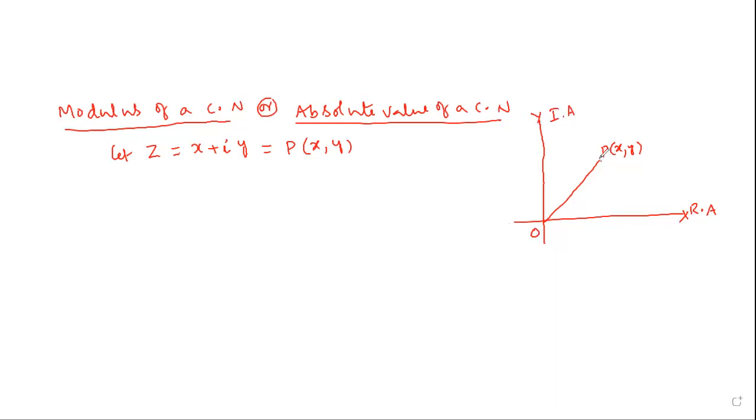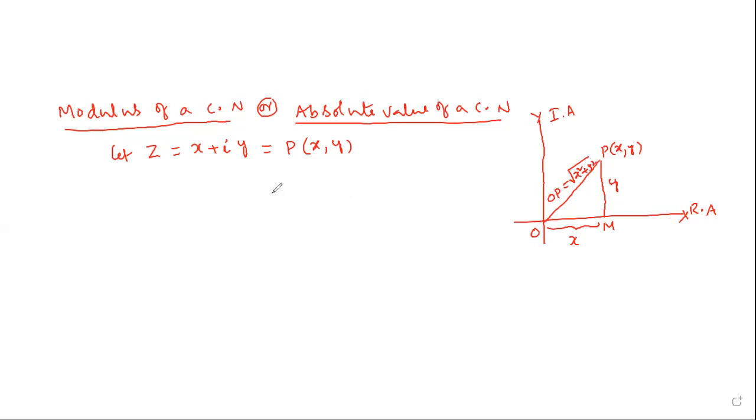So now this is the vertical projection, and this is the horizontal projection. The horizontal projection is the image of OP on the x axis, that is the x coordinate. The vertical projection is parallel to the y axis, therefore the y coordinate. The distance OP, by the Pythagoras rule, is root over x square plus y square.